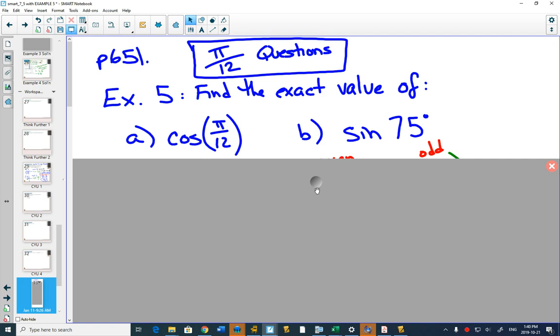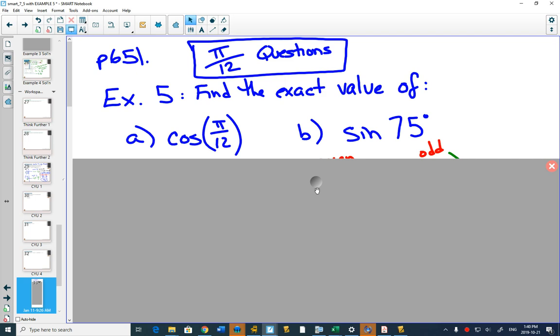They're any angles that fall in between the x-axis and either pi over 6, or the y-axis and the pi over 3 family. So we want to find the exact value of cos of pi over 12.